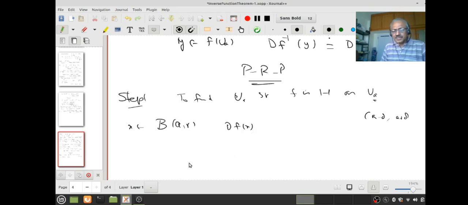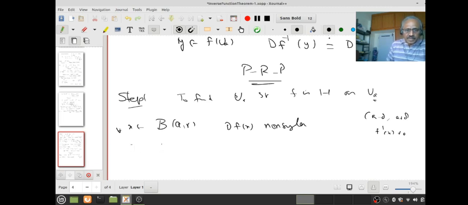What does it mean here? There I said f dash x is non-zero. Here what should I do? My condition is df a is non-singular. Therefore I should say, for every x here, df x is non-singular. Do you understand this? So the first choice is an open ball. Do you follow that?